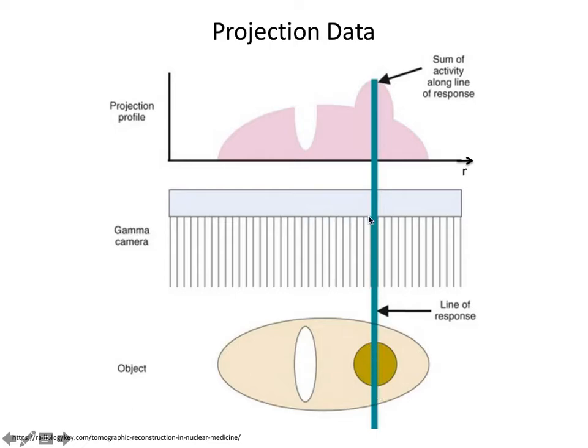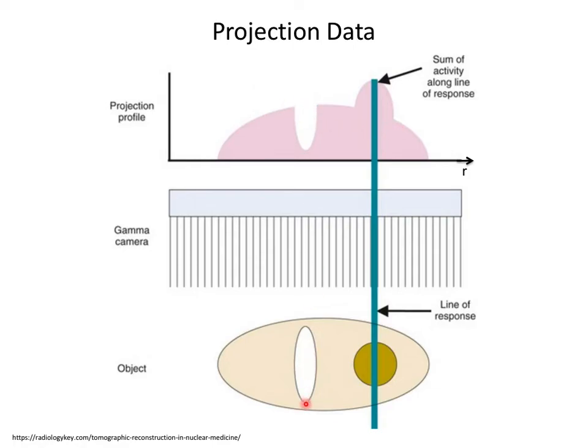So when we do a projection through that object and just count up the number of photons, if I get a lot of hits right here, and I look down through, it's somewhere along this line that stuff's coming from. You don't know where, but you just know that along this line there's a lot of counts. And so that shows up in your raw data as a high number of counts.